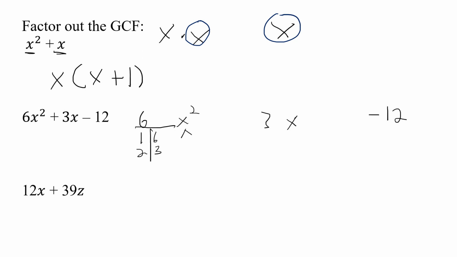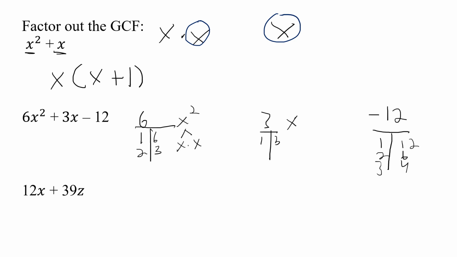Our factors of x squared are just x times x. Our factors of 3 include 1 and 3, and that's it. And then, of course, we have an x. And our final factor is that 12, which is 1 and 12, 2 and 6, 3 and 4.